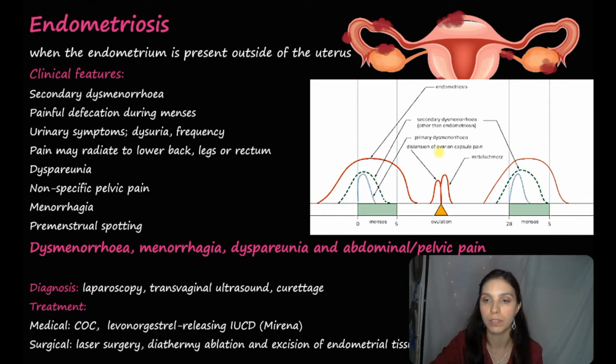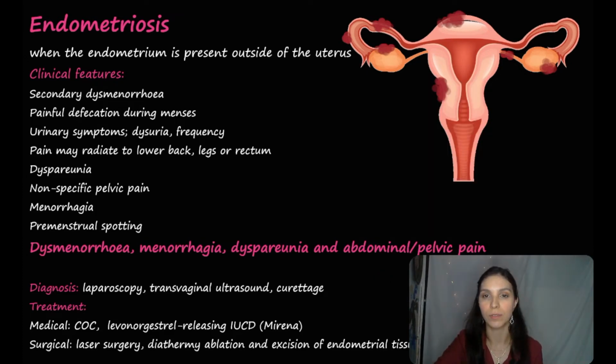There is also primary dysmenorrhea, where we don't know the cause of the pain; it usually occurs during the entire reproductive period of women, and its duration is maybe just 2-3 days at the beginning of the menses. And there is also pain between periods: distension of the ovarian capsule pain and Mittelschmerz, which is a rupture of the ovarian follicle.